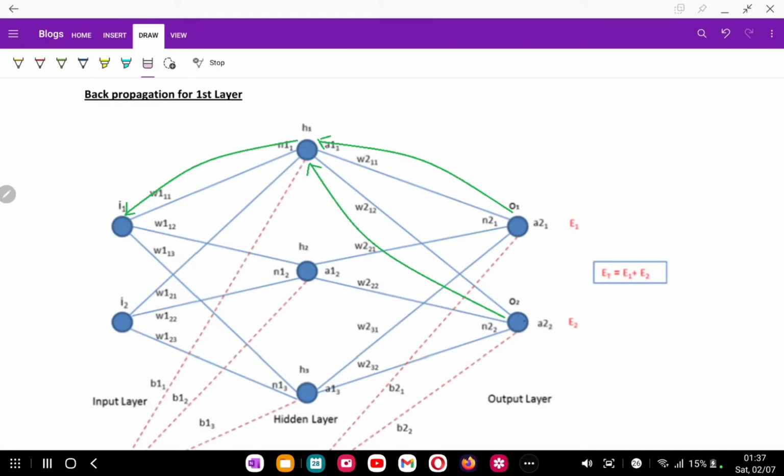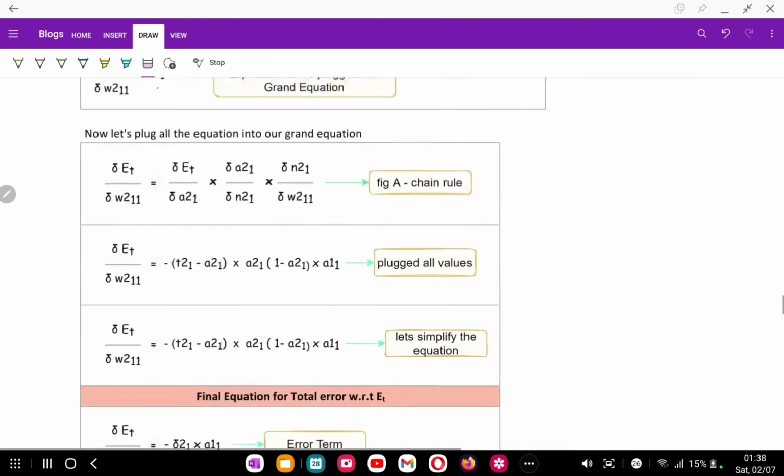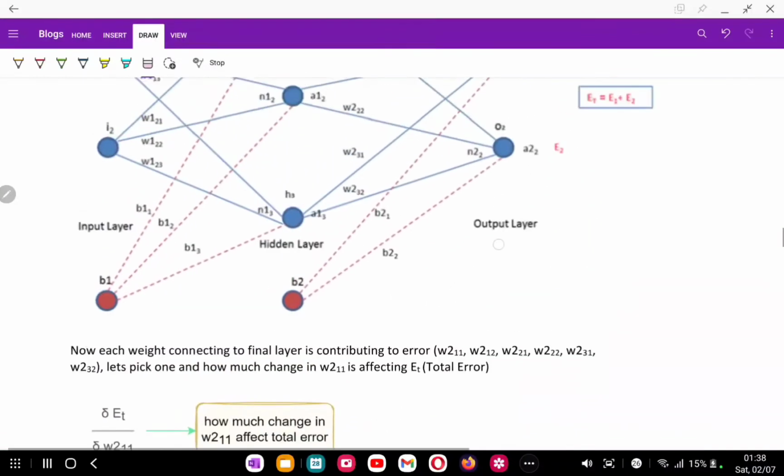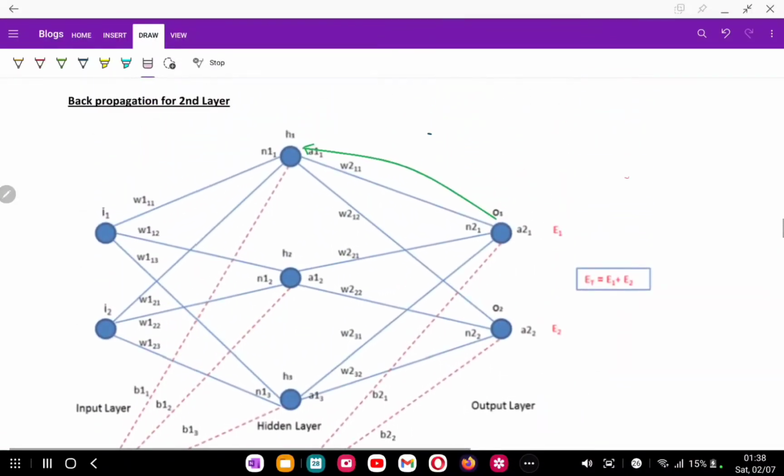So now let's calculate the backward propagation during first layer. Earlier we calculated backward propagation in the second layer, which was a little bit easier, because as you can see here, when you were trying to calculate for this variable, only this error term was being calculated.